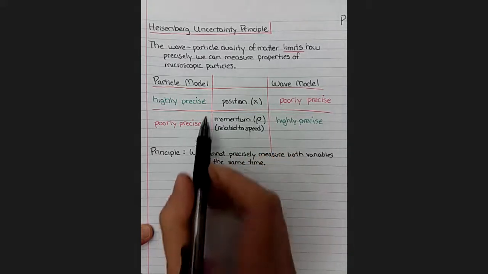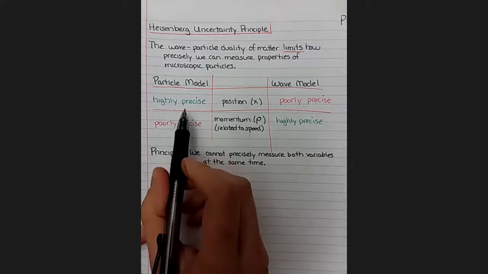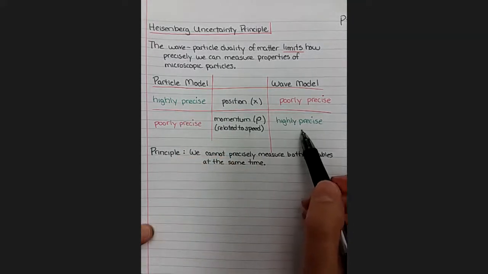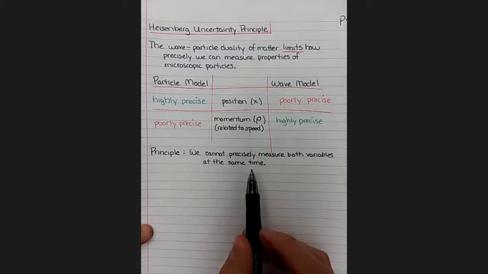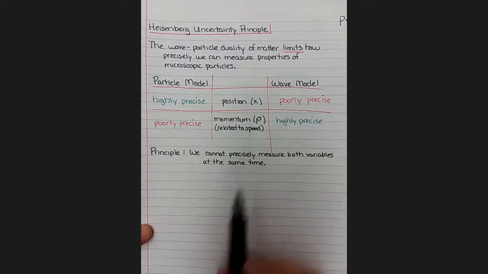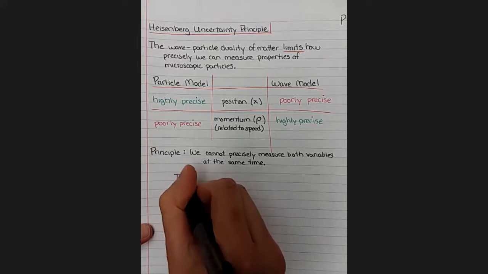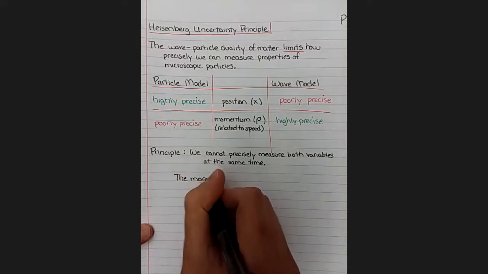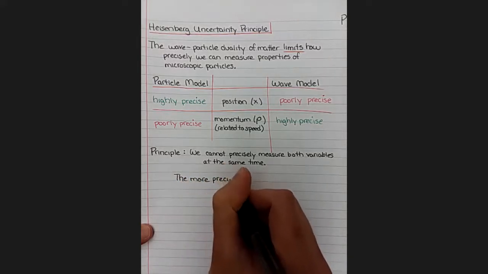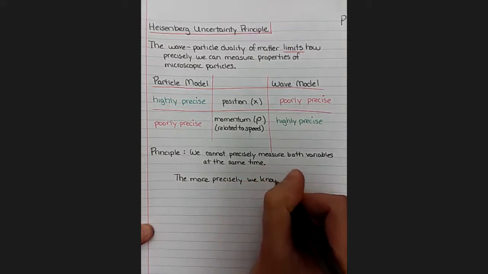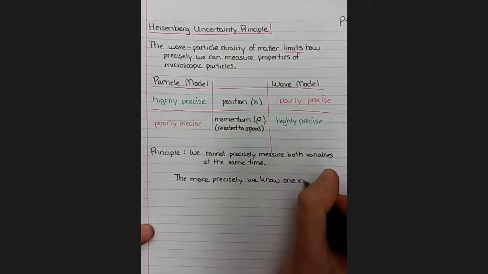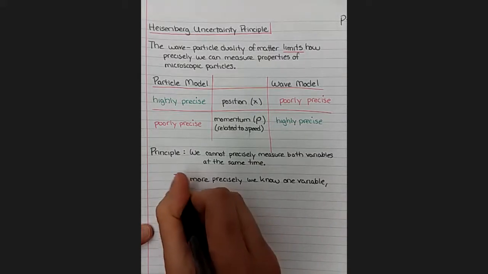We can measure the position precisely if we use the particle model, or we can measure the momentum precisely if we use a wave model, but we cannot in one single measurement precisely measure the position and the momentum. The way it works is the more precisely we know one of the variables, the less precisely we know the other one.